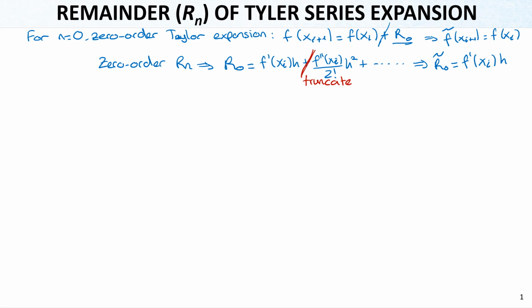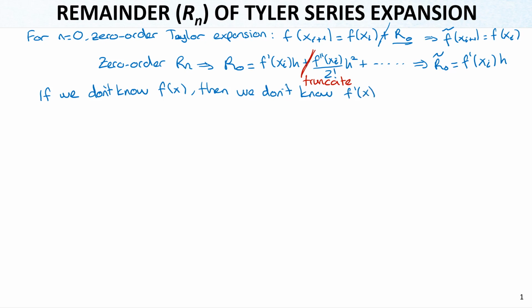But the problem here, as I mentioned earlier, is that if we don't know the exact function, how can we know about the derivative of that exact function? So that means, let me write it down here, if we don't know the function f(x), then we don't know the derivative of f(x).